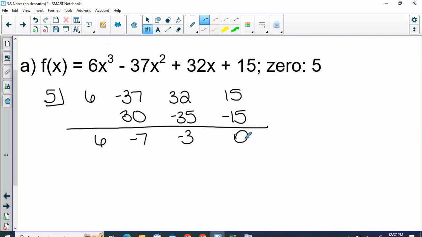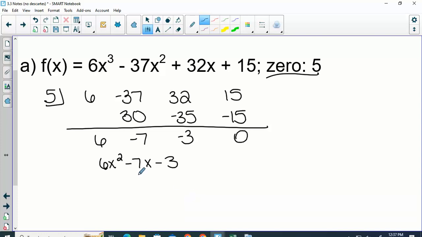And I know this remainder should be 0 because I told you it would be. So if you get anything else, you've made a mistake. So there's my remainder, my constant, x and x squared. So I've turned this into 6x squared minus 7x minus 3.